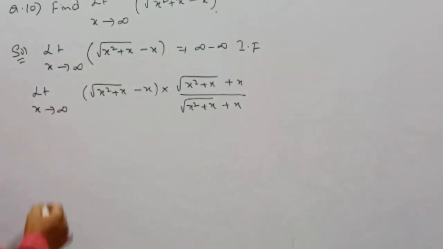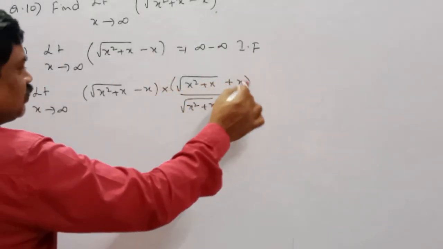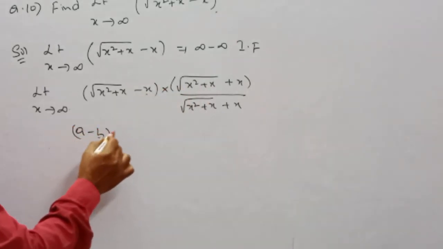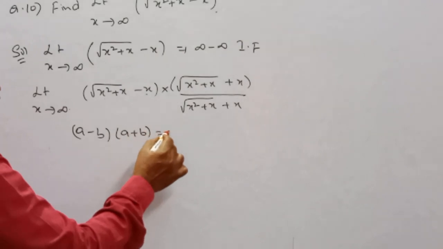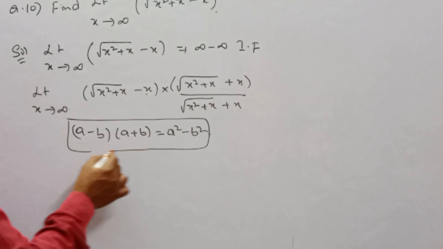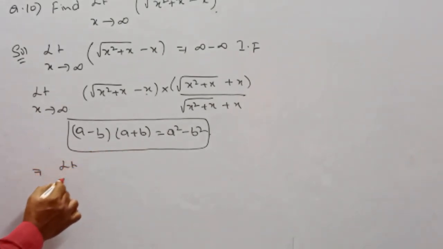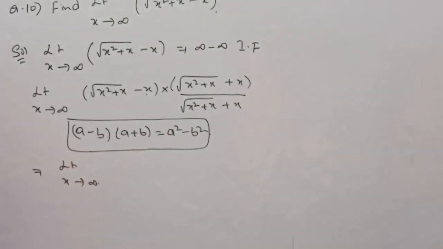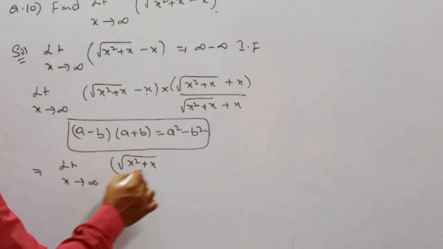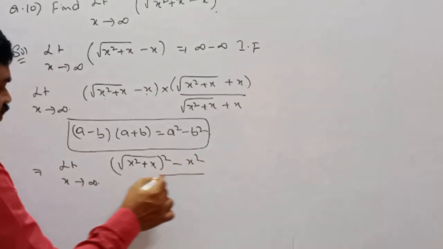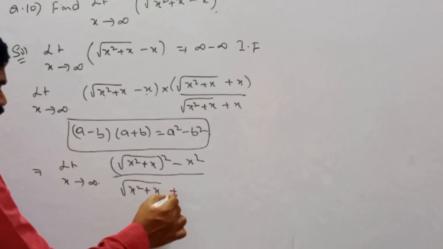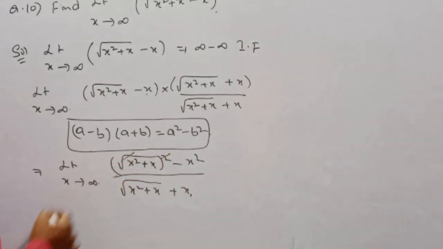By using the formula a minus b into a plus b is equal to a square minus b square, the numerator becomes root over x square plus x whole square minus x square, and the denominator is root over x square plus x plus x. Here the square root cancels.